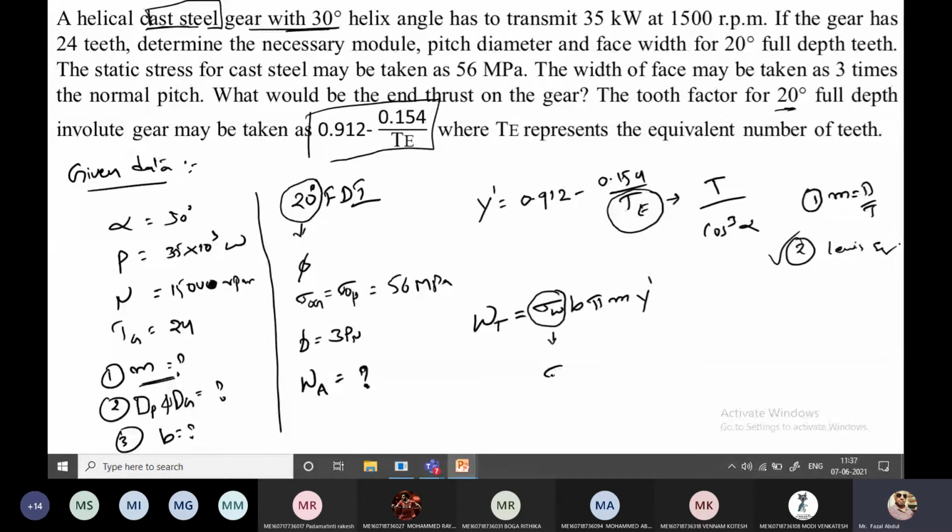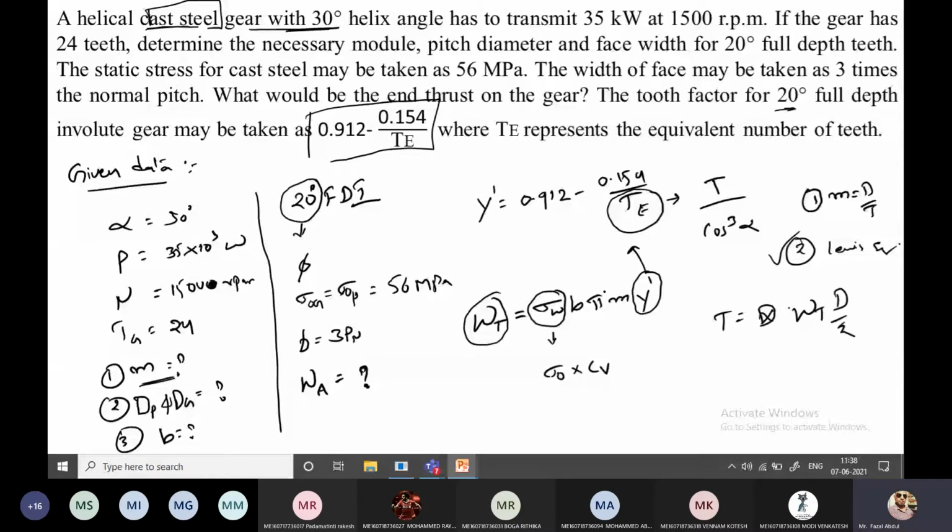Working stress is nothing but allowable static stress into velocity factor. Y dash is this one here. Now Wt is not given, but the torque transmitted by the gear is equal to Wt into d by 2.